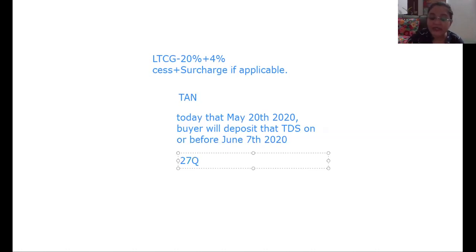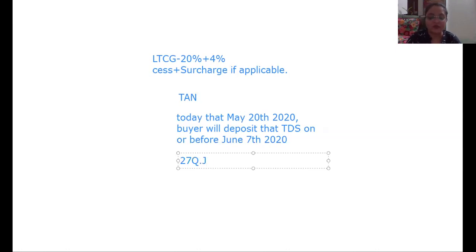The TDS return which has to be filed is 27Q. Now when he has made the payment in May, on May 20, 2020, the quarter in which May comes is April, May, June. So quarter ending June. Due date for TDS return for quarter ending June is July 31st, 2020.